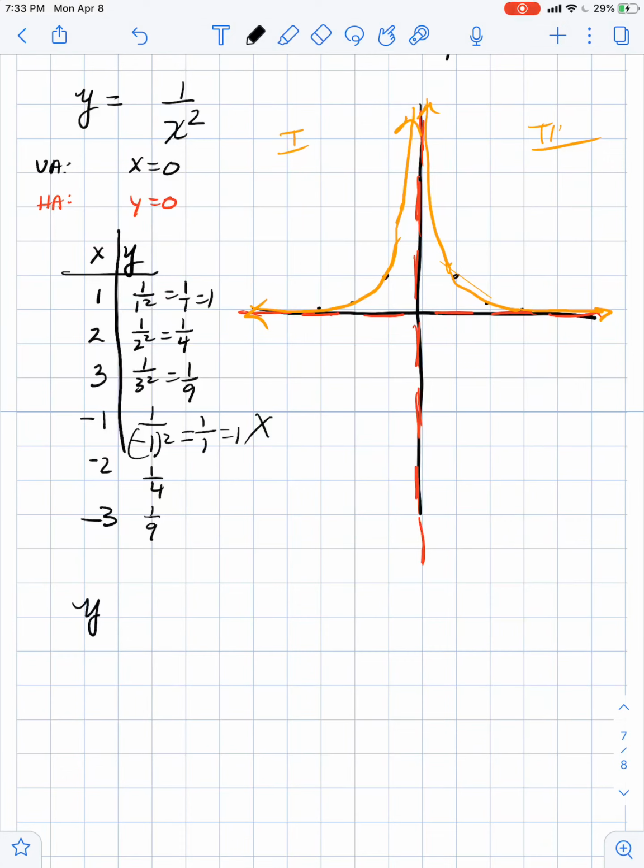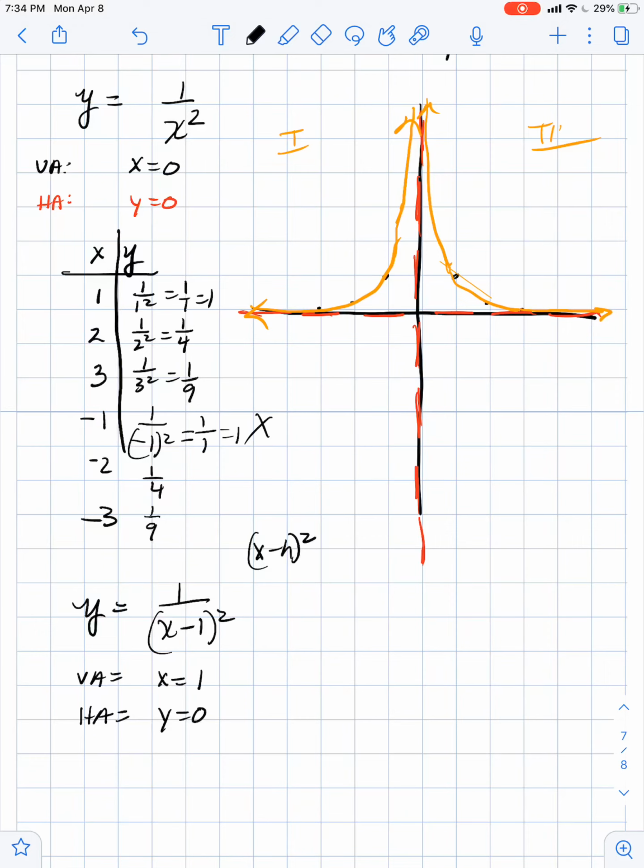If you have y equals 1 over x minus 1 squared, again, that 1 is with the x, and so that should move me to the right 1, but still be up. So that should make my vertical asymptote now at x equals 1, and my horizontal asymptote at y equals 0, because again, I am going back to that x minus h squared, that moves it to the right.